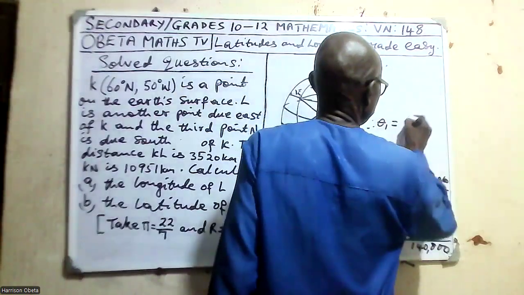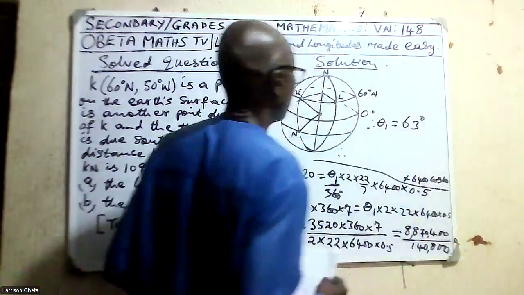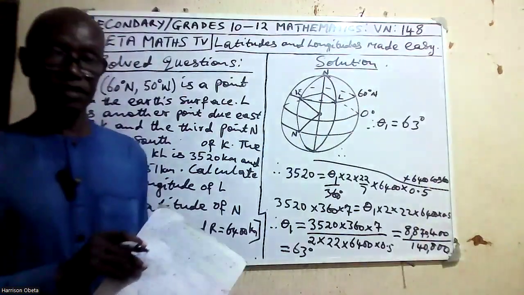Therefore, theta 1 is equal to 63 degrees, and that is the angular difference.